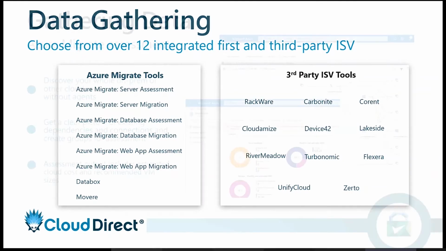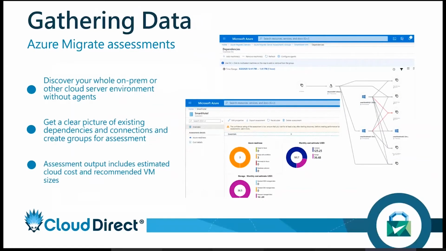So the results you get back, as I've explained there, it will capture your whole on-premise environment or other cloud providers. So if you've got stuff already in Azure, or you've got stuff in Google or Amazon or another hosted provider, it doesn't really matter. We can make sure that we can scan the environment. If you want to go to the next level and look at dependencies, yes, we can install agents onto the operating systems.